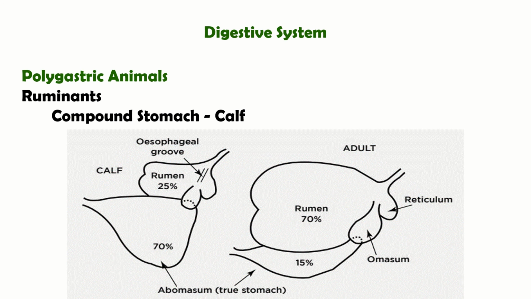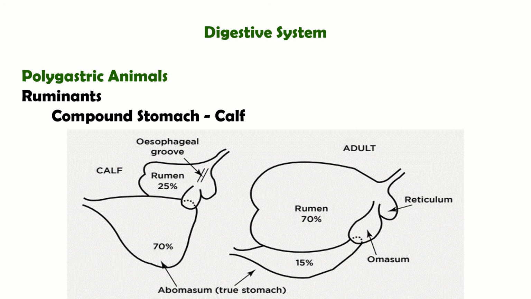Okay? Kaya lang, pag pinanganak ang calf, hindi pa siya kumakain ng grasses. Dahil siya ay mammal, ang kinukonsume niya when newly born ay milk. Okay? So, kaya sila tinatawag na pre-ruminants. Kasi yung rumen nila ay 25% pa lang. Hindi pa fully developed. Okay?